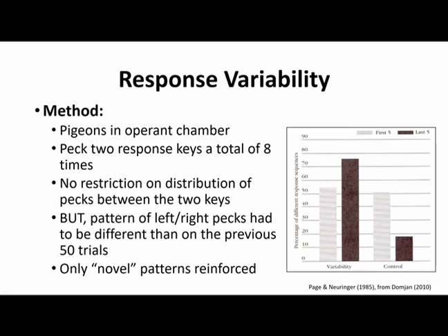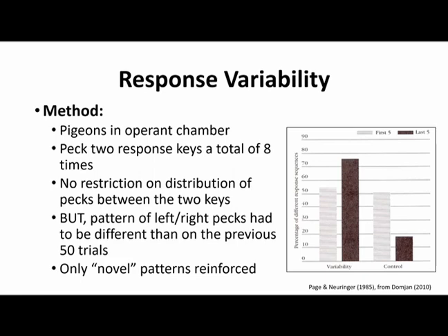So if response variation is a requirement for reinforcement, like in our experimental group here, we can see an increase in variability. But in other situations, we will see stereotyped behavior. So this isn't saying that behavior cannot be stereotyped when we go through instrumental conditioning.